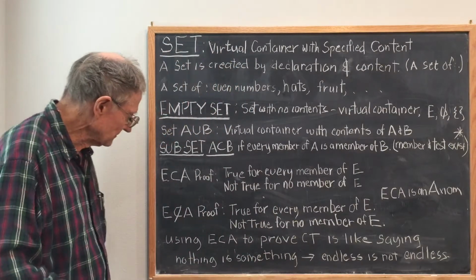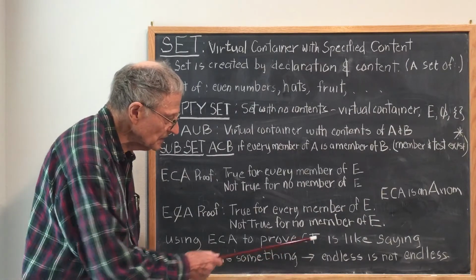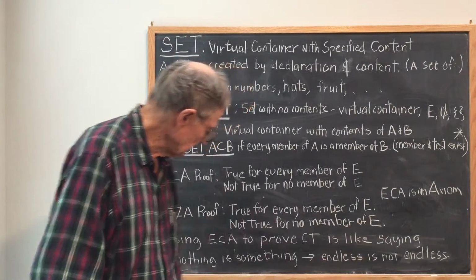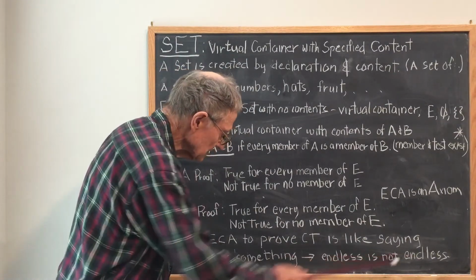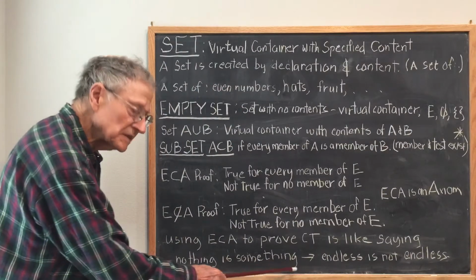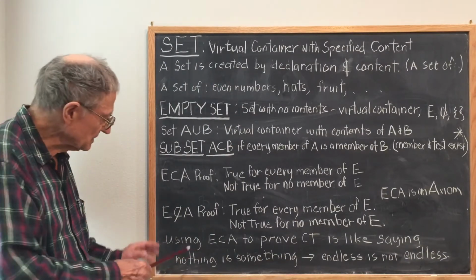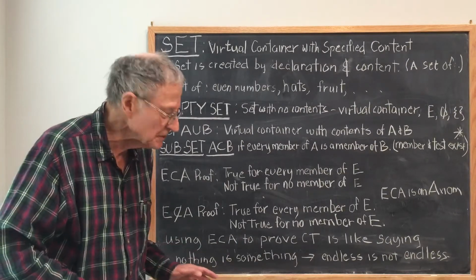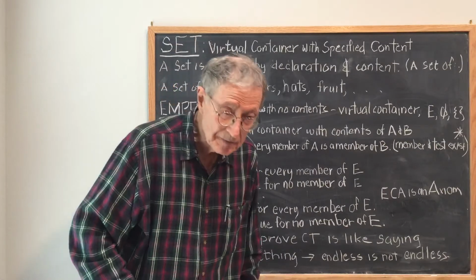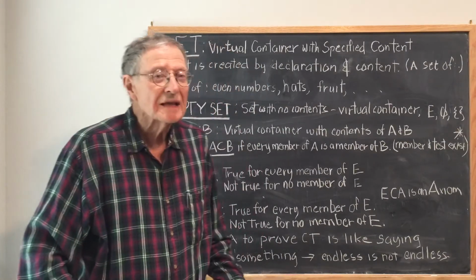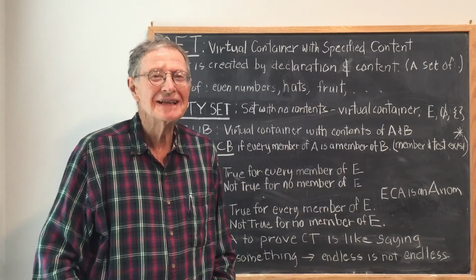For example, using E as a subset of A to prove Cantor's theorem is like saying nothing is something implies endless is not endless. So you can say at the beginning that my language doesn't have to be perceived by common interpretation, but then the result can't be perceived by common interpretation. That's my discussion and definition of set, subset, empty set. Thank you.